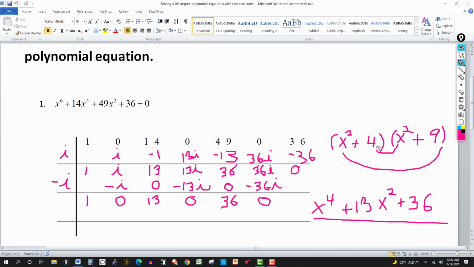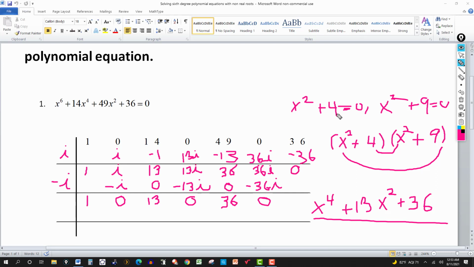So now, to complete the solution, we simply take these two factors. We want to know when these factors are equal to 0. So x squared plus 4 is equal to 0, and x squared plus 9 is equal to 0.